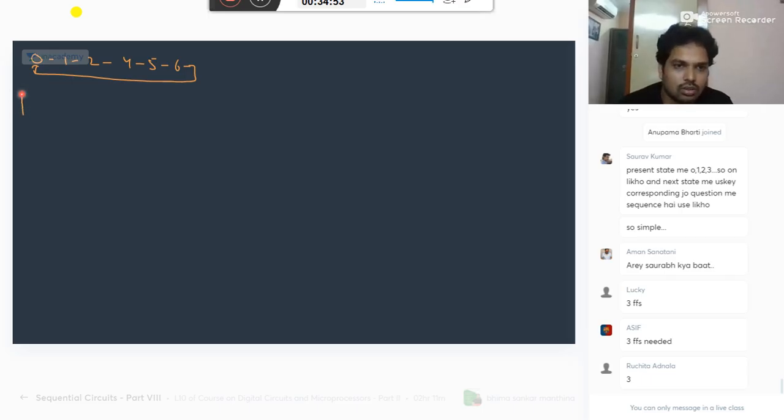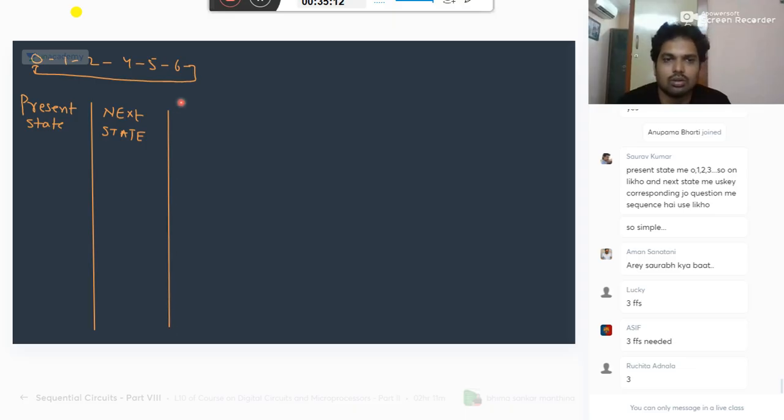So here, present state. What is the next state? Same process. Then what are the inputs to be applied?